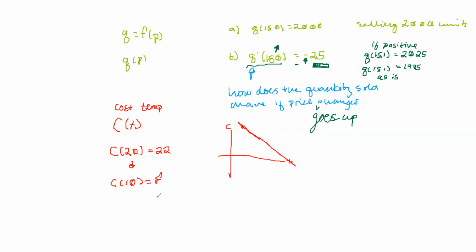So the derivative should be positive, right? But the issue is that we have to think about this as increasing. It's just kind of like an assumed norm that it means going up. So we think about it as C going to 21, C going to 22, C going to 30.